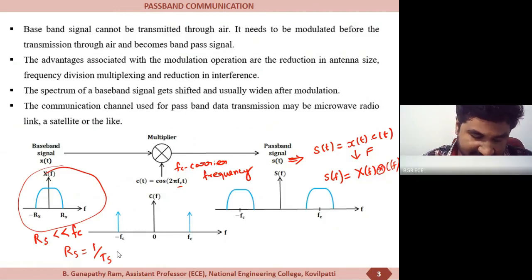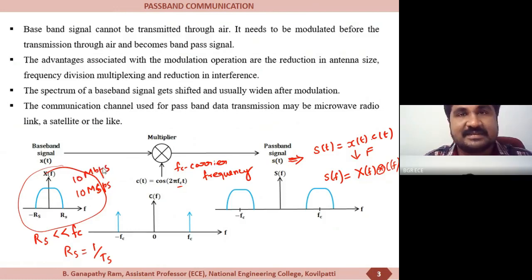If I say this is 10 mega symbols per second, MSPS, or even we can say 10 megabits per second if I transmit binary data, I can measure the unit as megabits per second. If the symbols, which are a combination of a few bits, are transmitted in a particular duration, then we call it mega symbols per second.